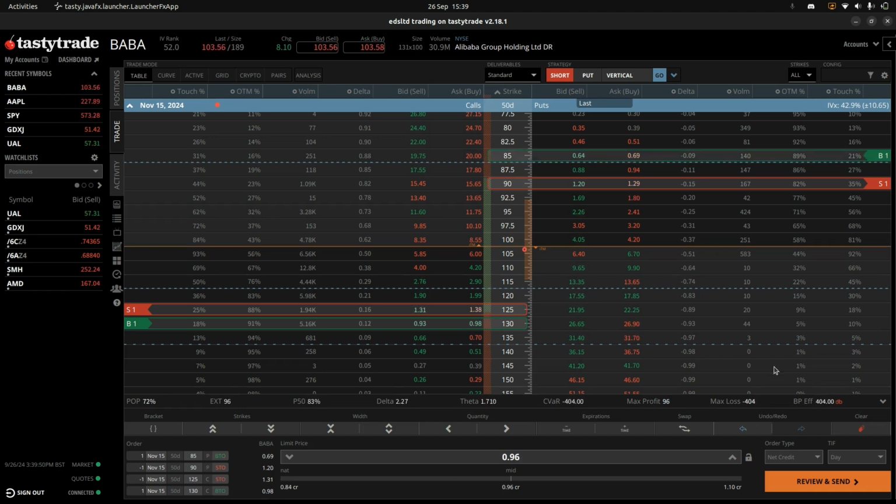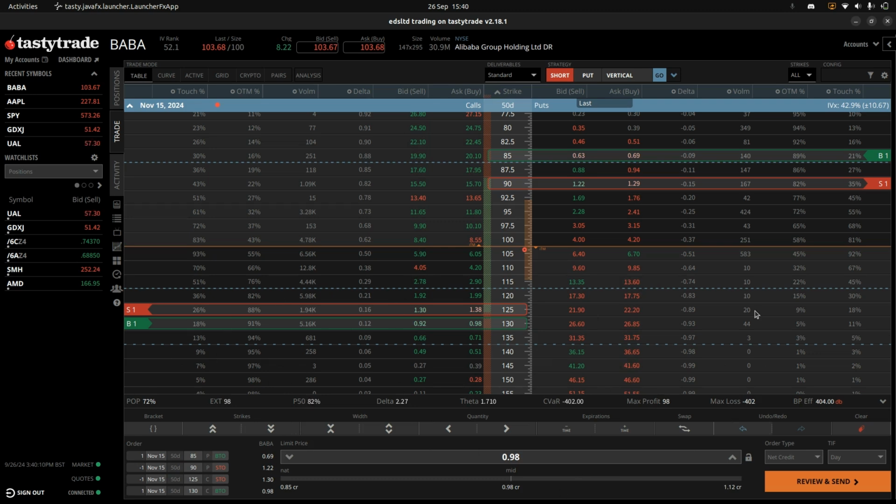What that's done is it's massively reduced the amount of buying power that's required. As you can see, it's no longer over $2,000, it's $400. So this is probably much more manageable for people to put in their portfolios. You still collect $1 up front, still have a fairly high probability of profit.